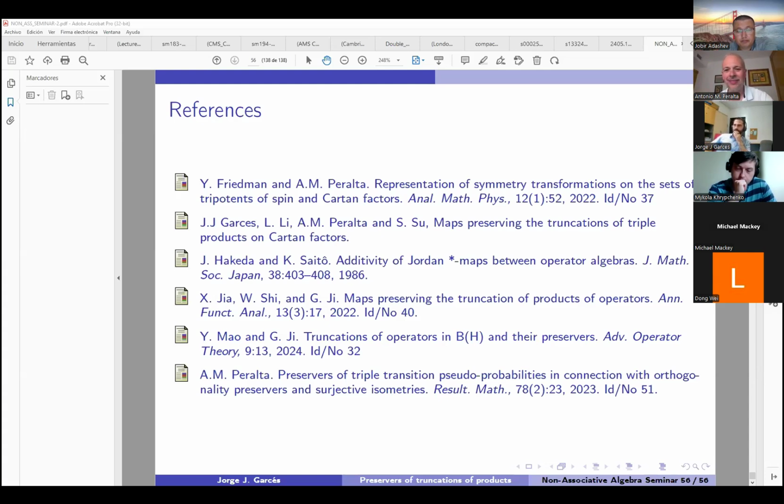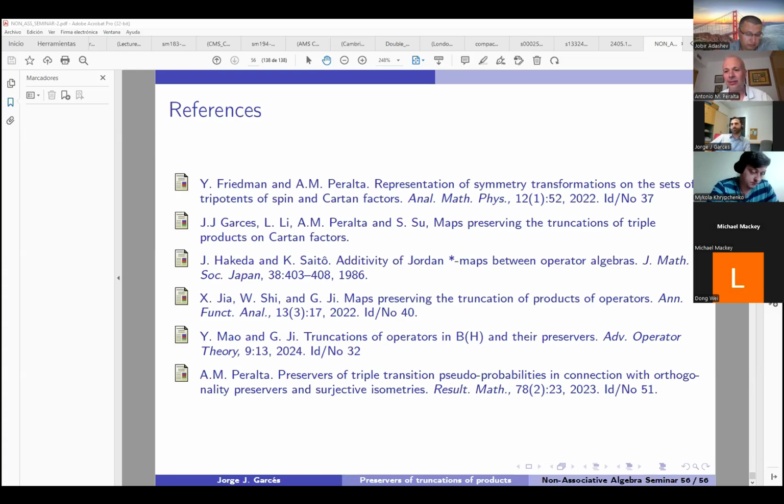And there is also a natural comment. You spoke about transition probabilities and pseudo-transition probabilities in the case of tripotents. It should be commented that these two notions come from the setting of quantum mechanics. They appear in the connection with Wigner's and Uhlhorn's theorems, and both are very deep results, in quantum mechanics and also in mathematics, in functional analysis.